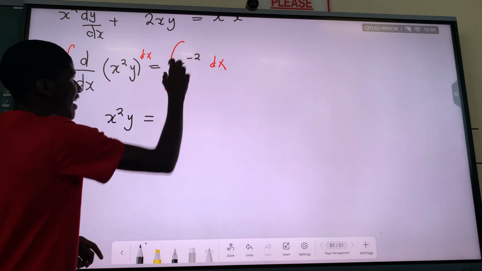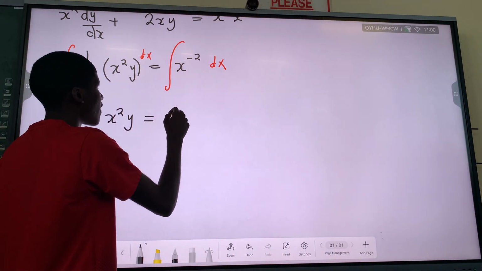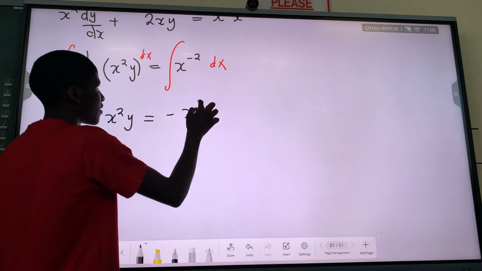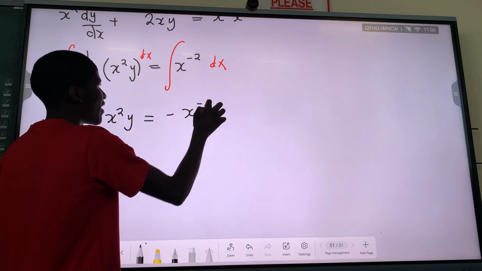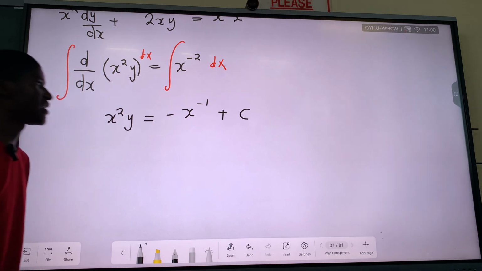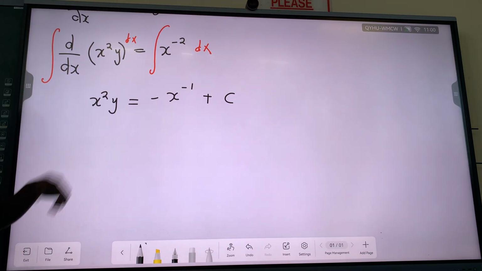On the other side, integrating gives minus x to the power minus 1, plus c. So this is minus 1 over x plus c.